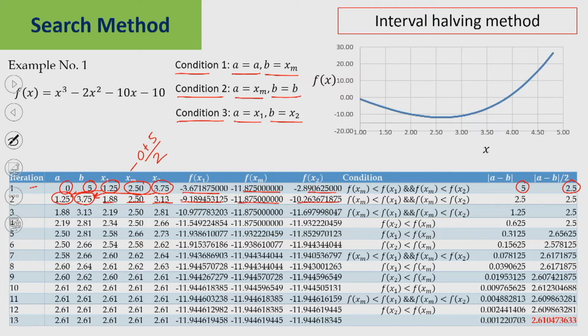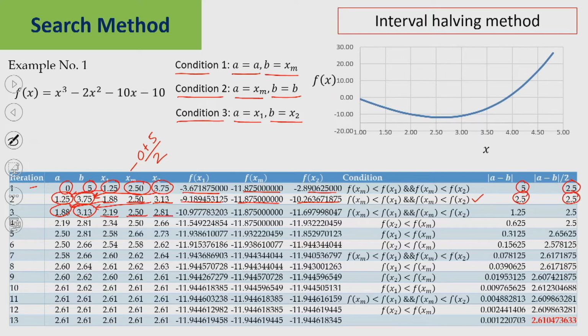In this case again condition 3 is true, therefore a equal to x1 and b equal to x2. Now again you calculate the absolute value of a minus b and the optimal solution.